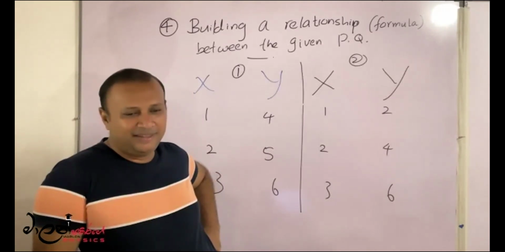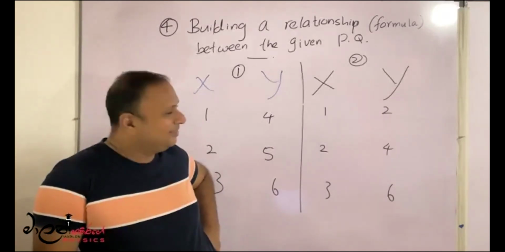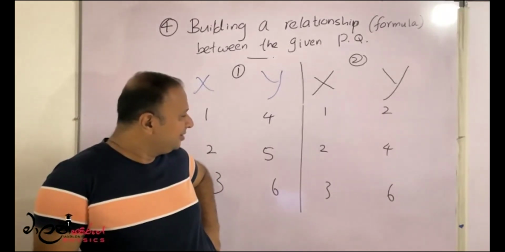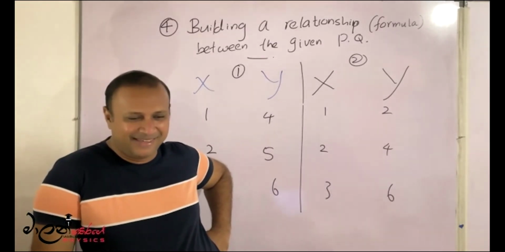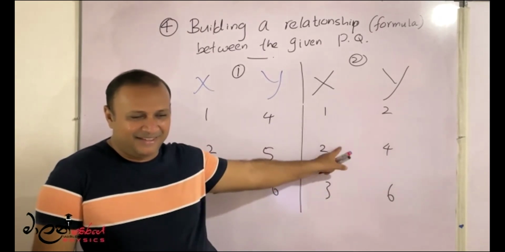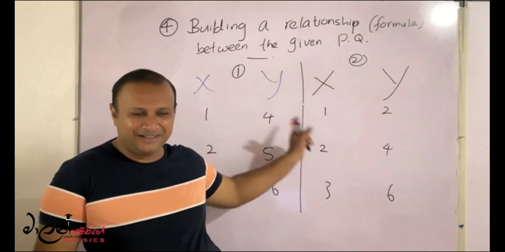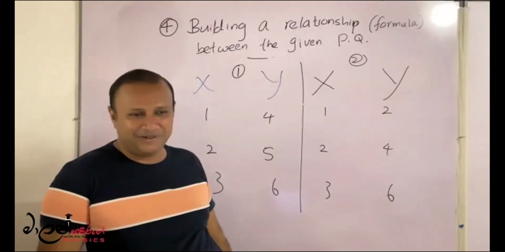The first one is directly proportional and the next one is not, because in one it increased by the same proportion and in the other it increased by different amounts. This is directly proportional. This is not.